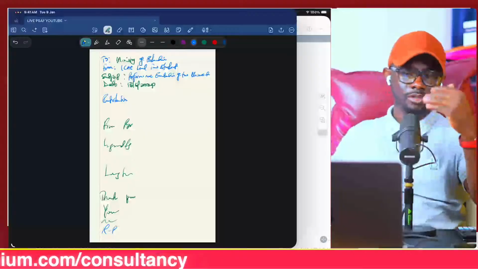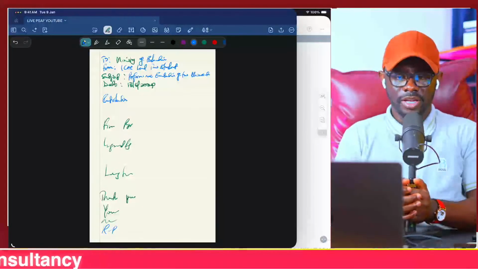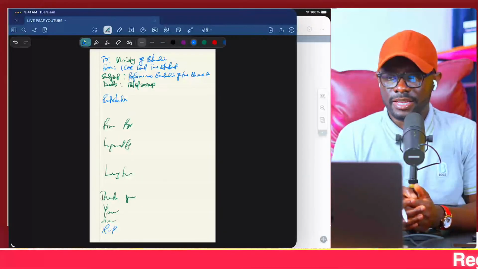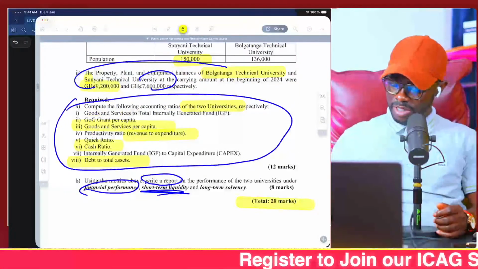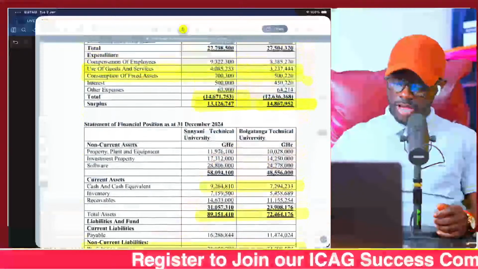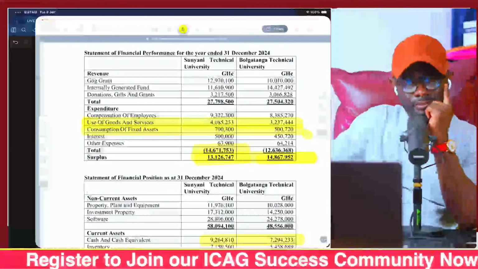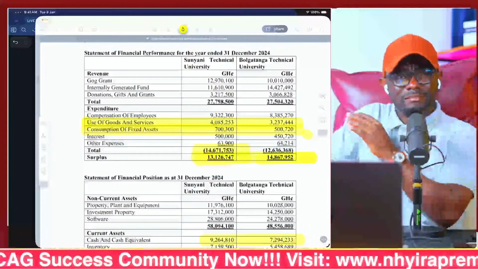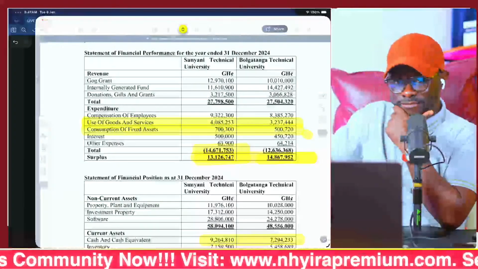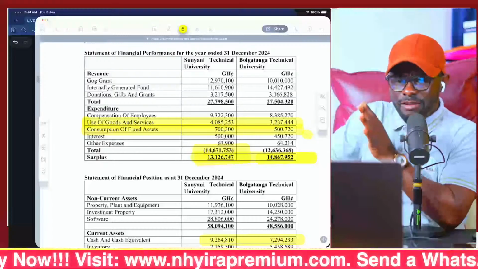Then you come to the analysis write-up the way we have discussed it. And this is what you must understand. This is 20 marks, November 2024 ICAG examination. And you can see that there is nothing miraculous here.